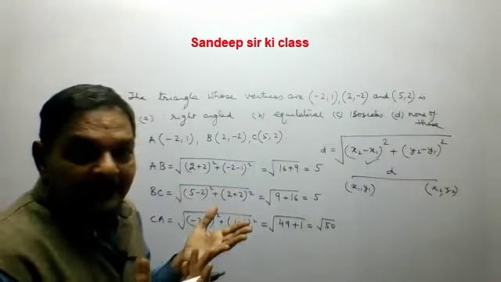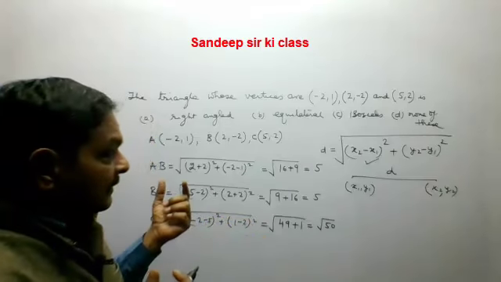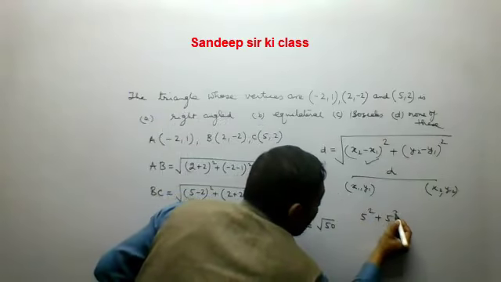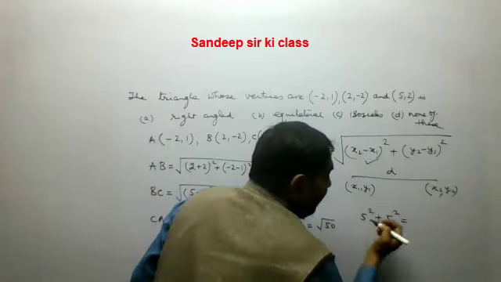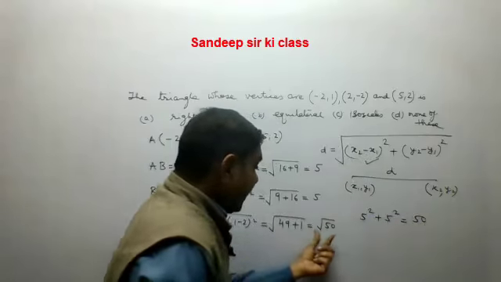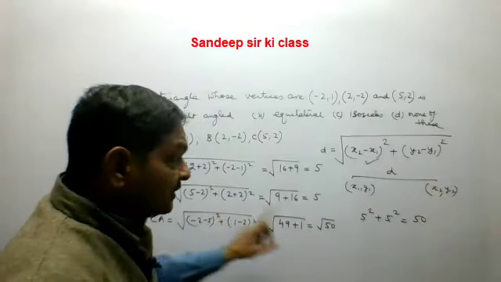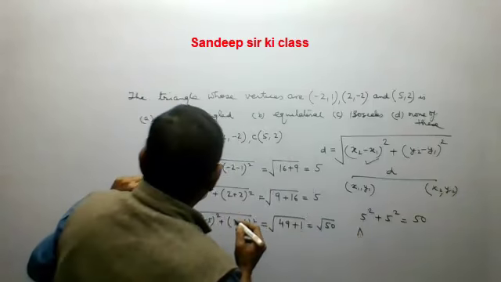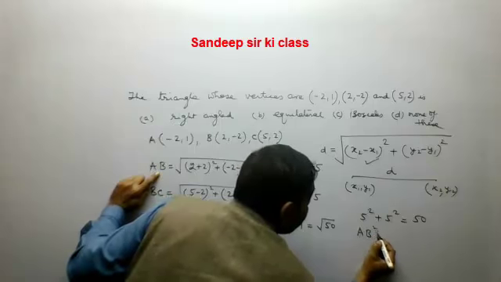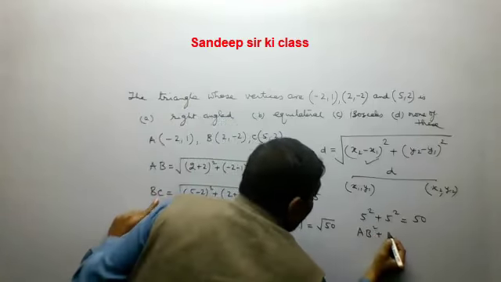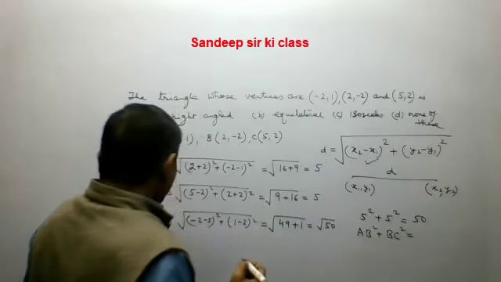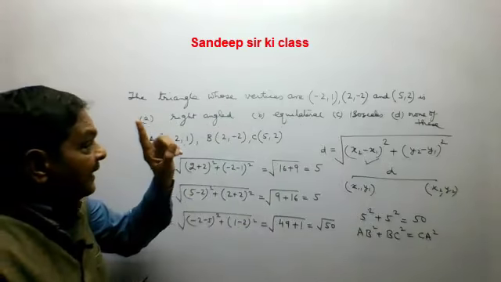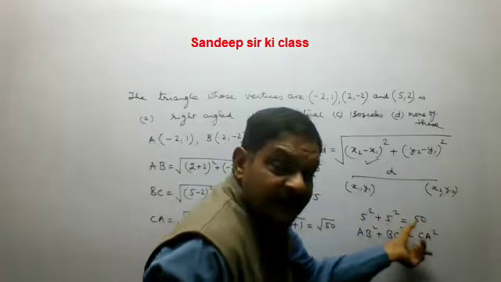Now, apply the Pythagoras theorem to check whether this is a right angle triangle. 5 square plus 5 square is 25 plus 25, which is 50, which is hypotenuse square, the square of the third side. So I can always write that AB square plus BC square is equal to CA square. So the triangle is isosceles, this property is confirmed.